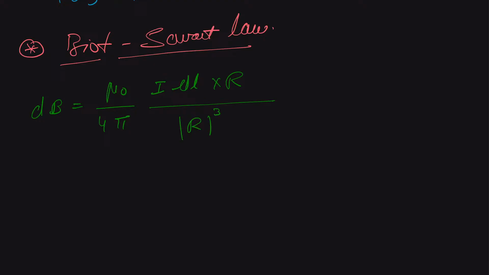And for this particular question we can slightly modify it by writing this R as R of theta. So with mu naught 4 pi, I dl cross R, and in this case R of theta whole cube.